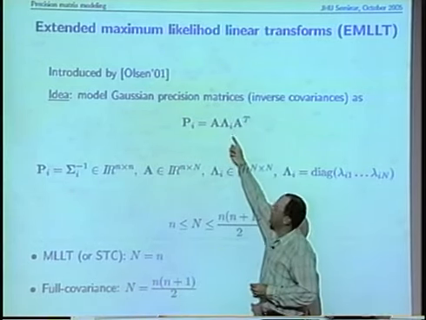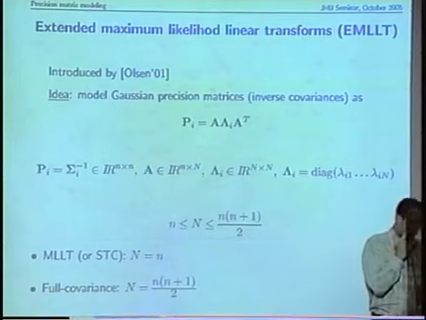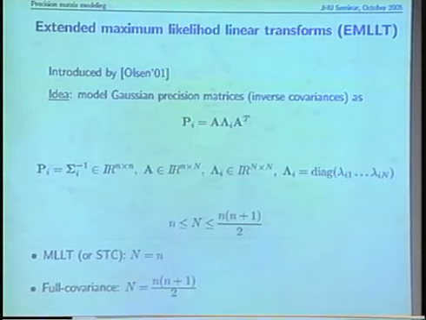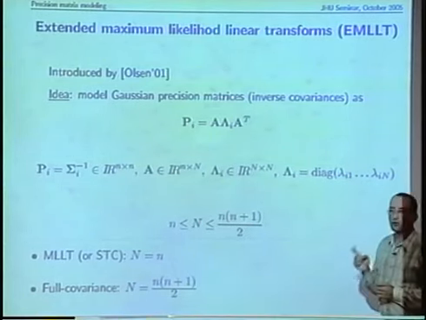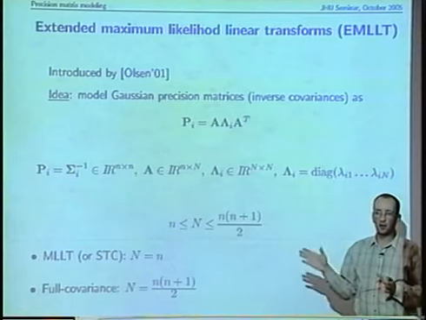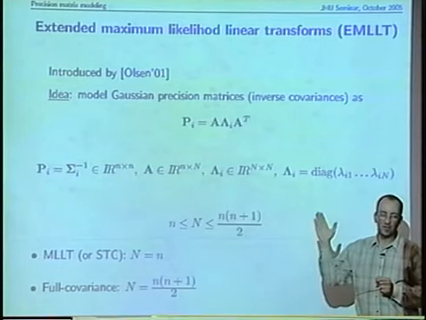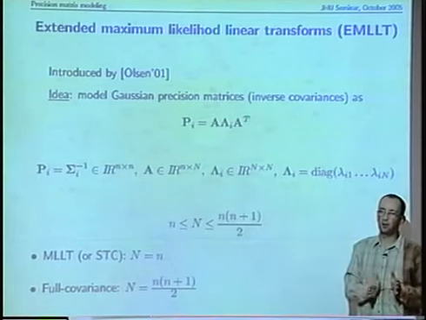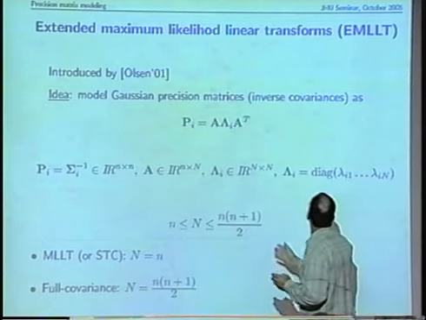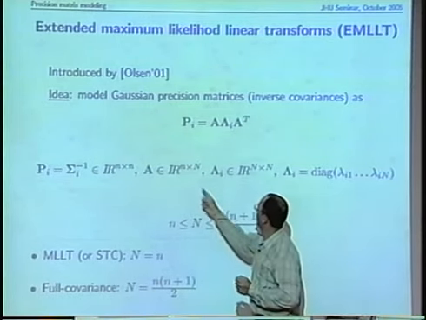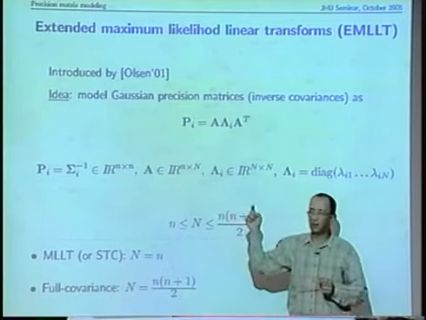What this model says is that you can think of your precision matrices as being a projection from some higher dimensional space of some diagonal covariance models into the lower dimensional space, whose dimension is lowercase n.